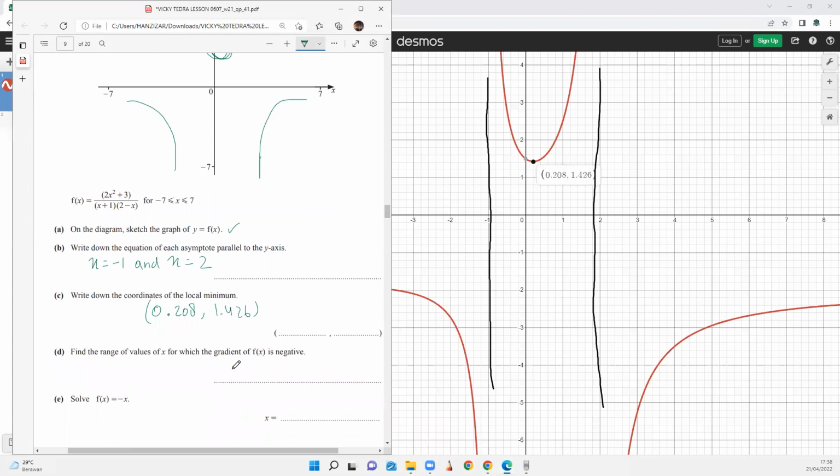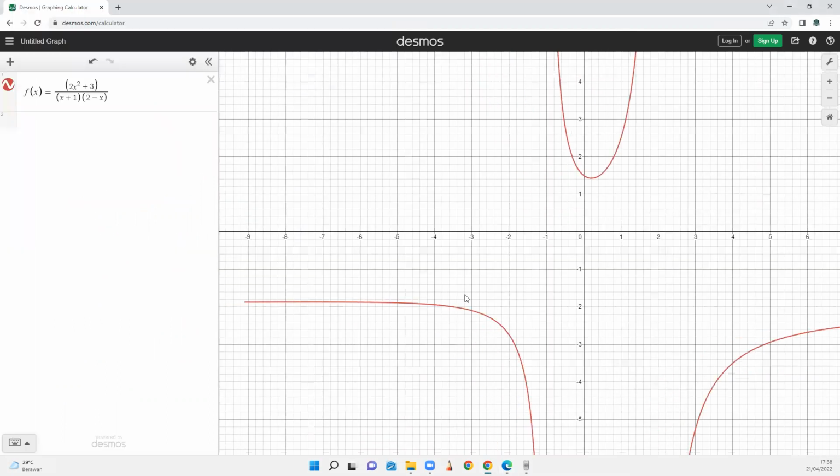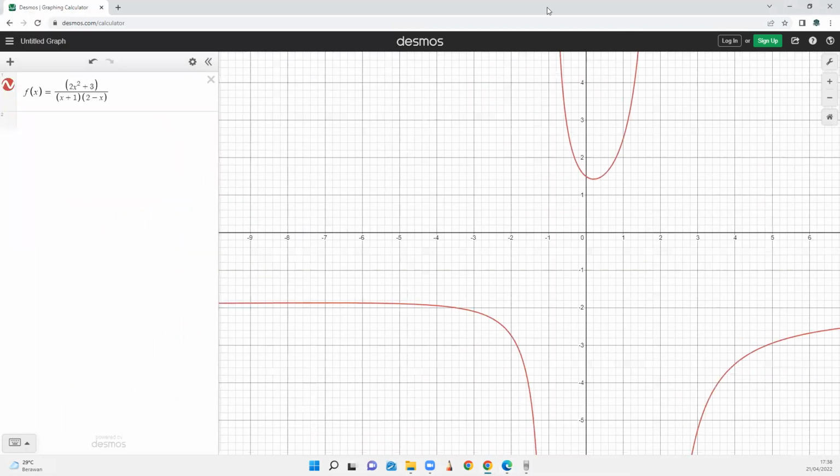Find the range of values for which the gradient of f(x) is negative. So do you know what the gradient is? The negative gradient is the gradient where it is going down to the right. So down right will be here, right? If you do the tangent, the gradient is the tangent. And it's going down, and this is still going down.